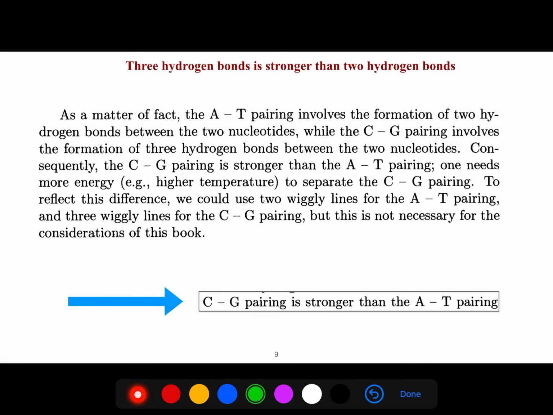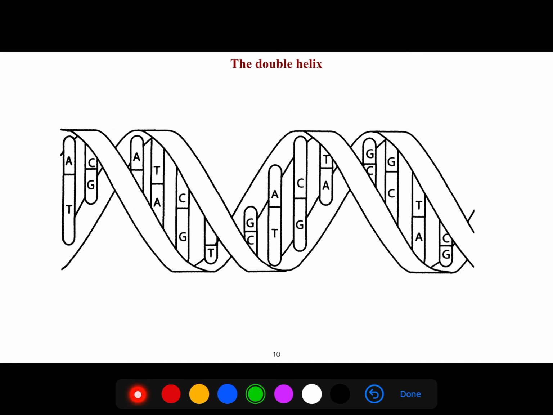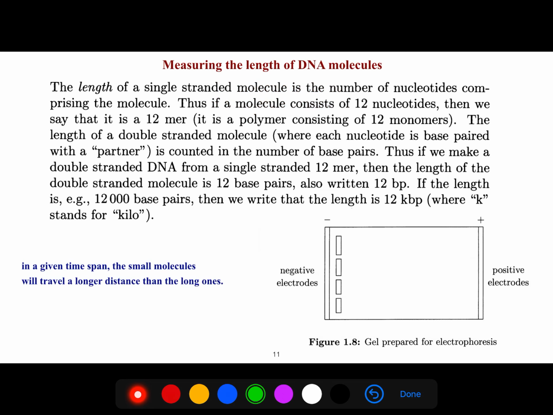And the reason that CG pairing is stronger than AT pairing is just because 3 hydrogen bonds are stronger than 2 hydrogen bonds. And this is a double helix. You see, it's a very stable chemical thing that everything is created from.